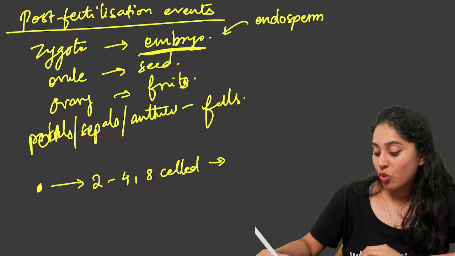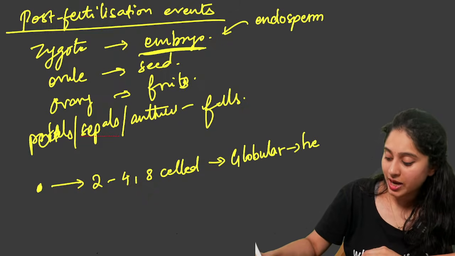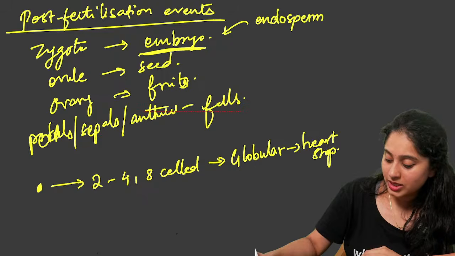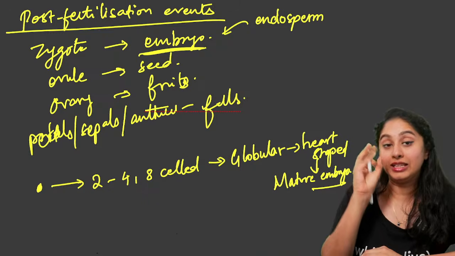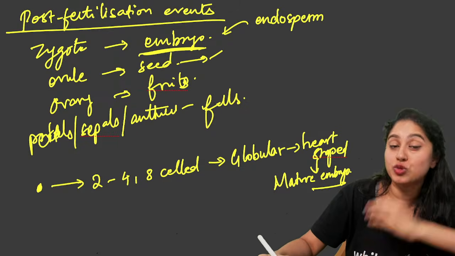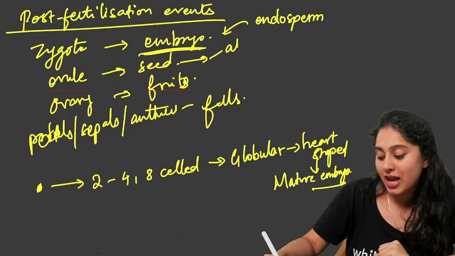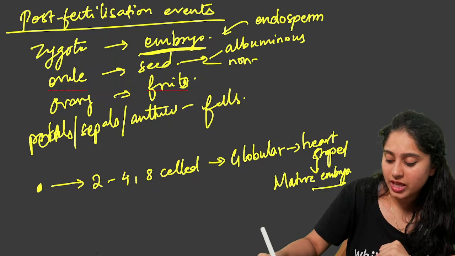After that it forms what we call a globular embryo, then a heart-shaped embryo. All these stages will pass, and it will form the mature embryo inside the seed. When the seed has endosperm left, we call it an albuminous seed, or if it is not there, a non-albuminous seed.